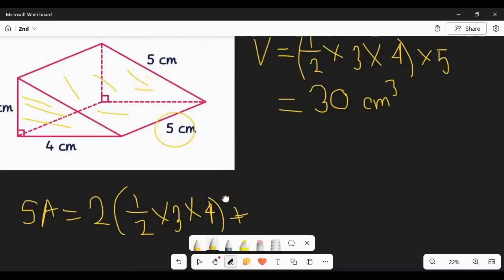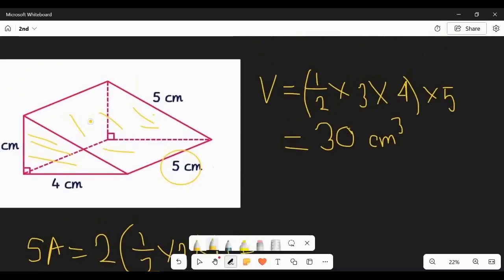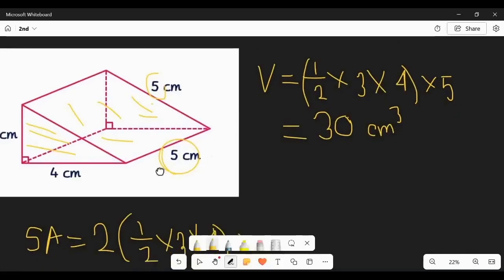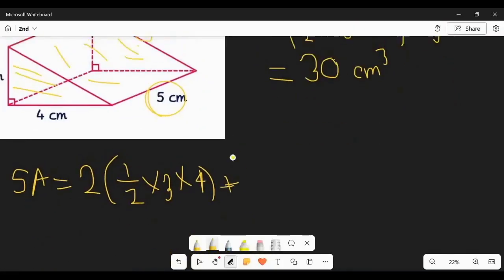Then plus. Now we have this rectangle at the very top. Its length would be 5 and breadth would also be 5. Actually, this might be a square. I didn't notice it before. 5 and 5.